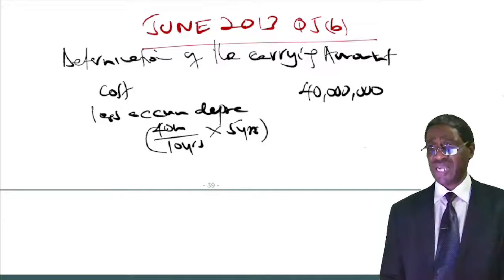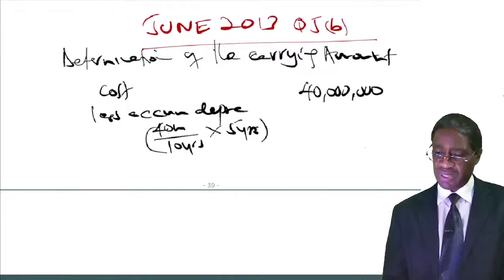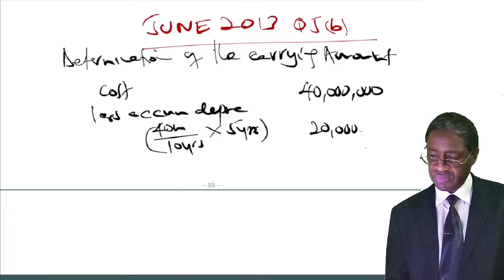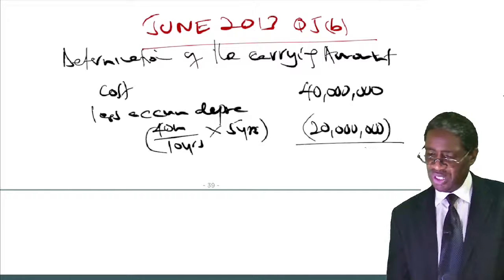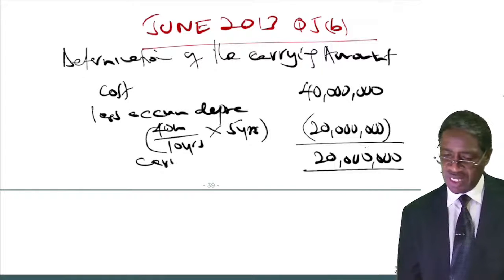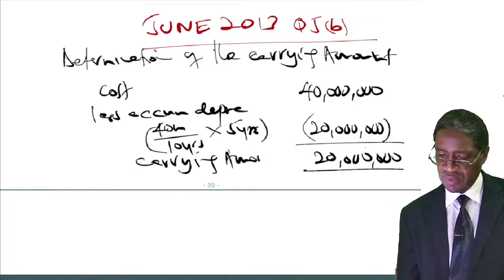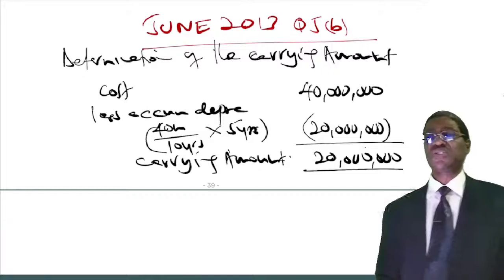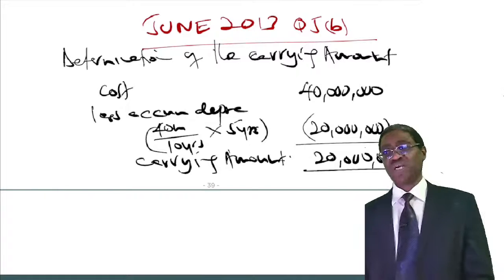Again, it looks like exactly half. That becomes 20 million. We remain with a carrying amount of another 20 million. That is carrying amount. Good. Now we know the carrying amount.